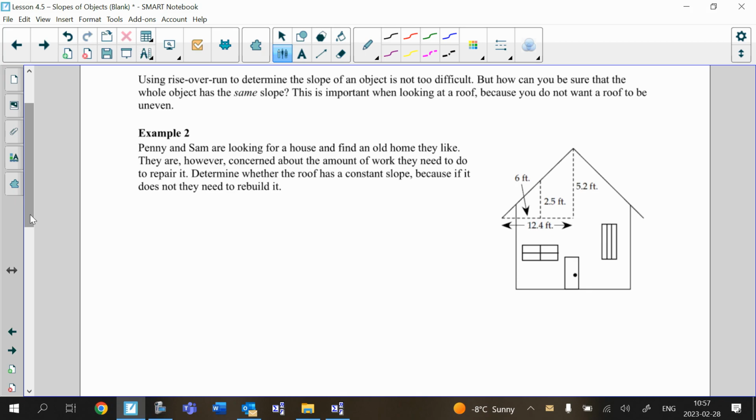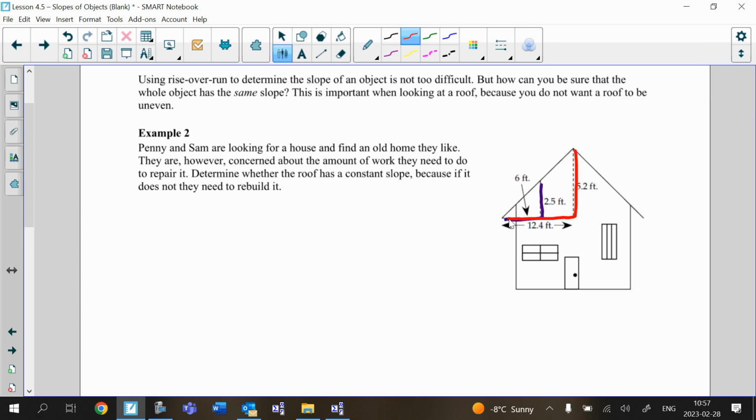We're going to measure the slope at two different intervals, here and here. If they are about the same, then we shouldn't have any concerns about the roof.